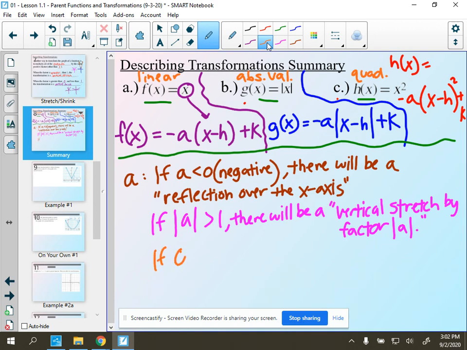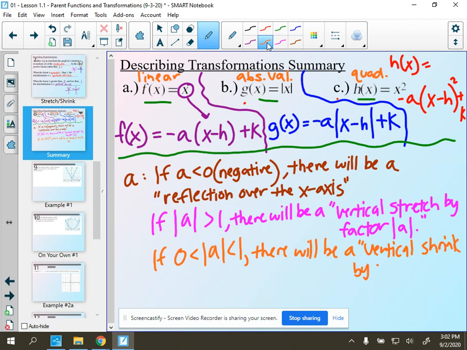If a ends up being between 0 and 1, then that's going to cause a vertical shrink by a factor of that absolute value, again, of a.